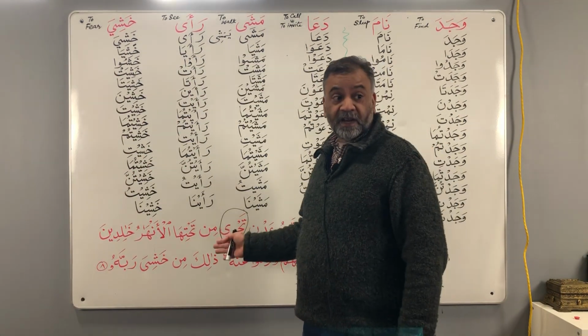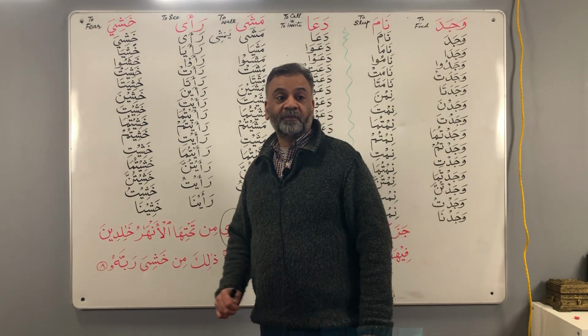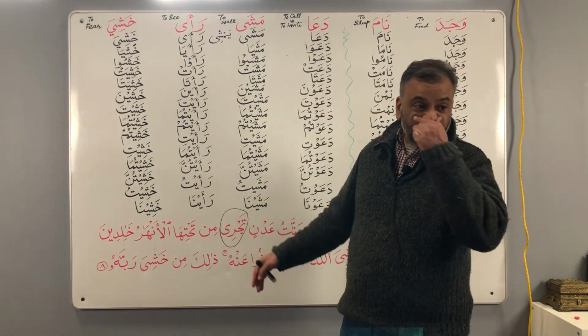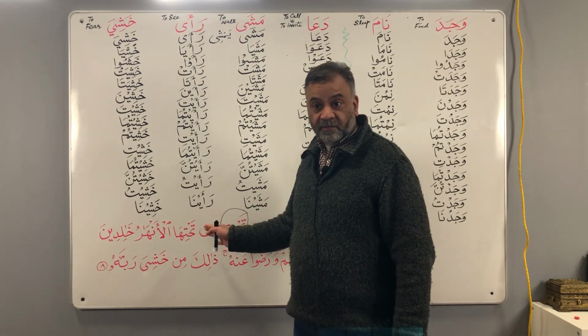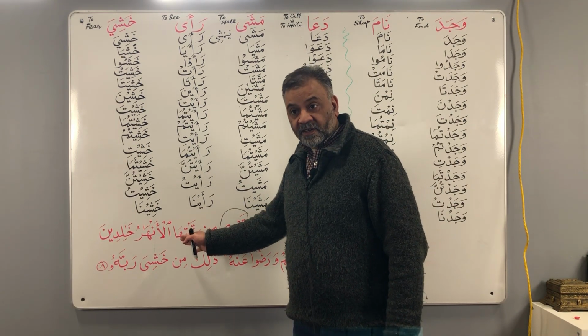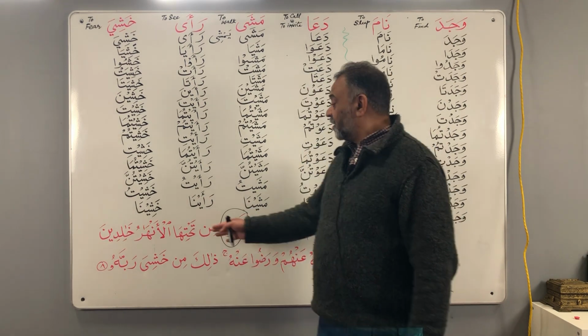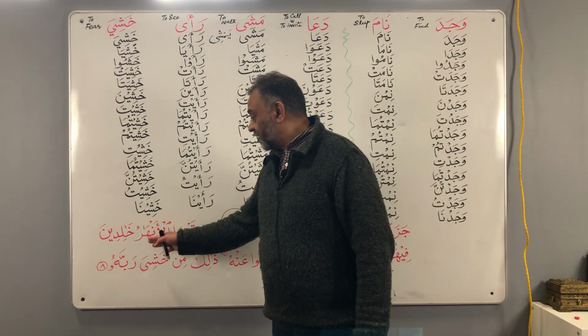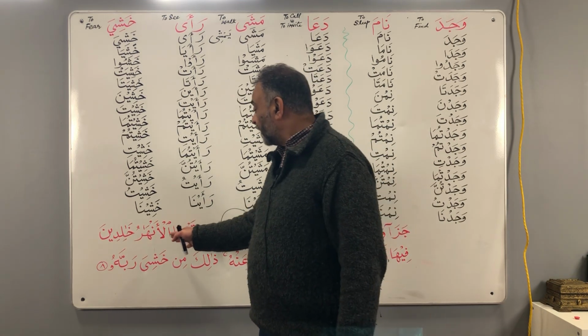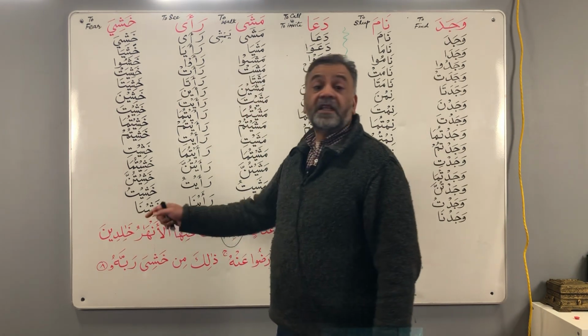Min tahtihal anharu. So this is your first weak verb. Min tahti: min is harf jar, tahti is ism majroor and is also mudaf, and al-anharu is mudaf ilayh. Khalidina.